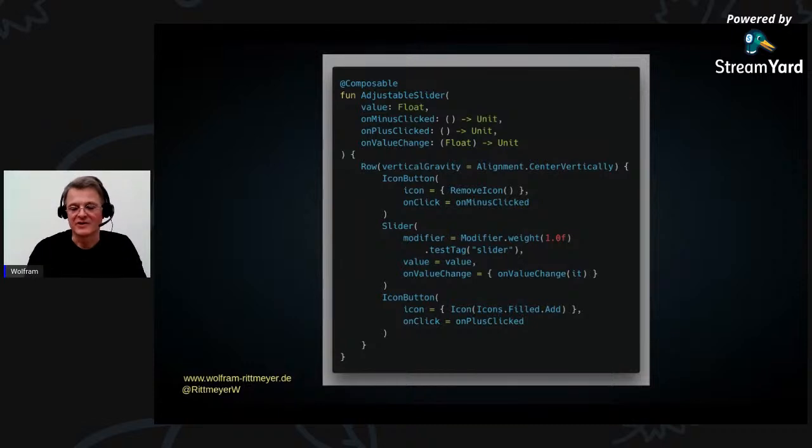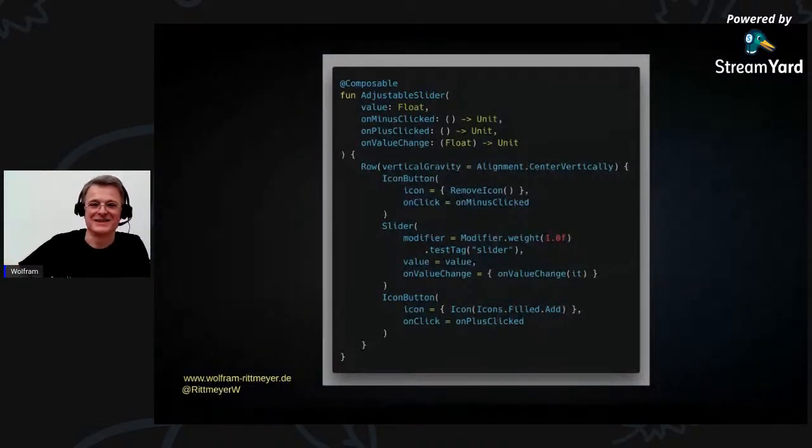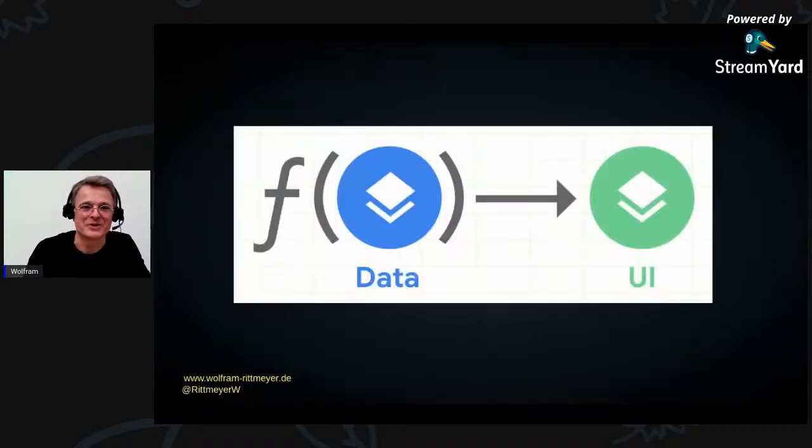This is the adjustable slider, the lower part where you have at the left side an icon button with the minus, and on the right side an icon button with the plus, and in between the slider. So that's more or less the magic to Compose, but of course there's a bit more to that.